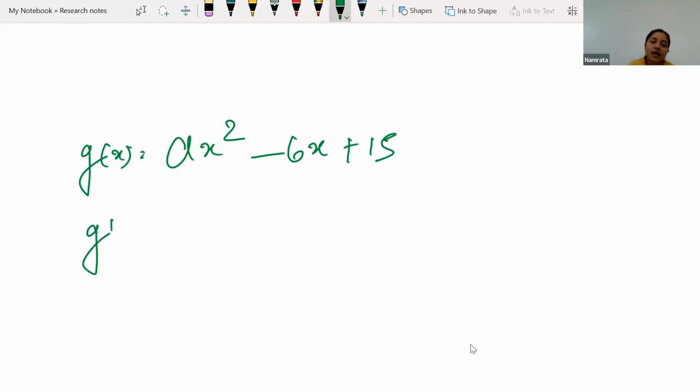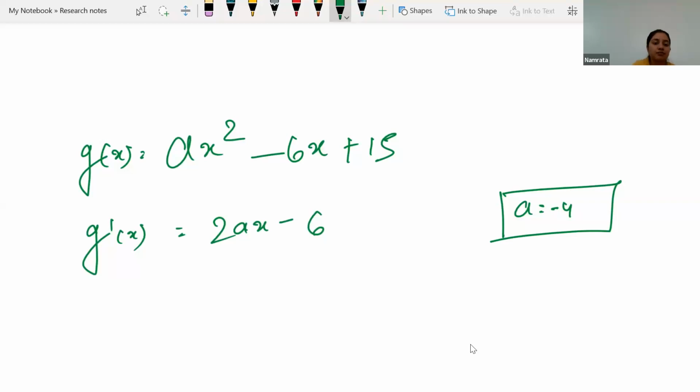So what we'll do, g'(x) we will find, that will be 2ax − 6. A we have already figured out from the previous part, that a is −4. So it will be 2 into −4, that means −8x − 6.